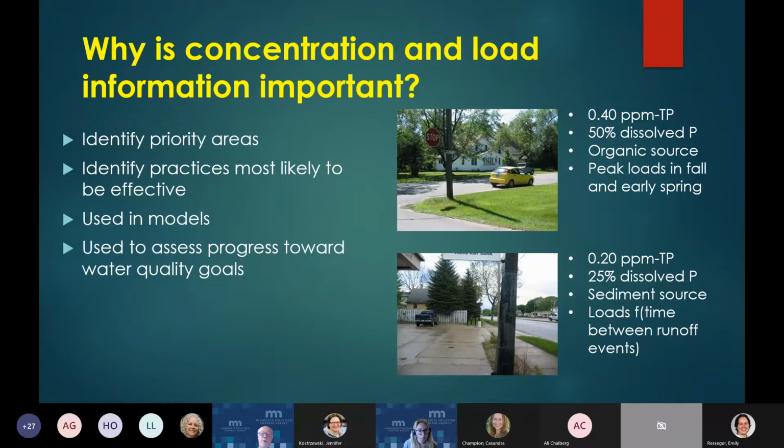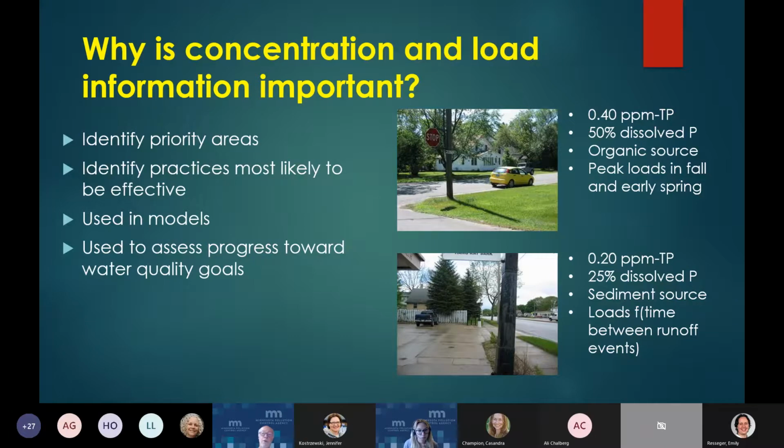Two images on the right here. For example, let's say a TMDL says we have to reduce phosphorus by 30%. Well, we have a residential area here, and we know that a lot of that phosphorus is going to be in the dissolved form. So maybe we want to ratchet up street sweeping, focusing on fall and early spring.